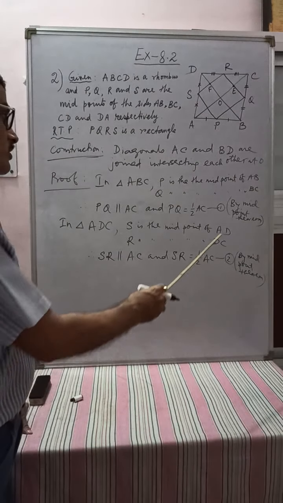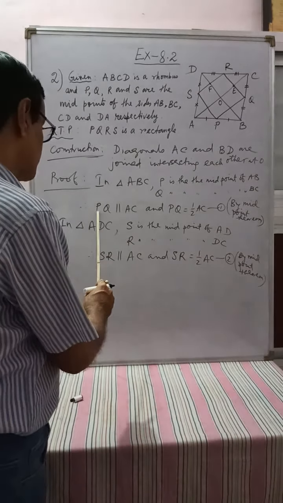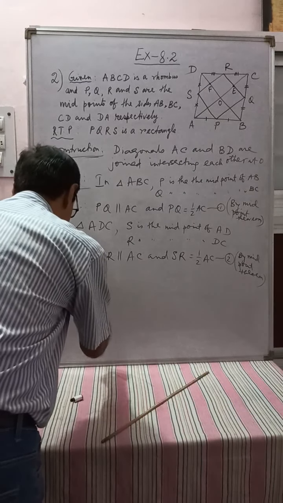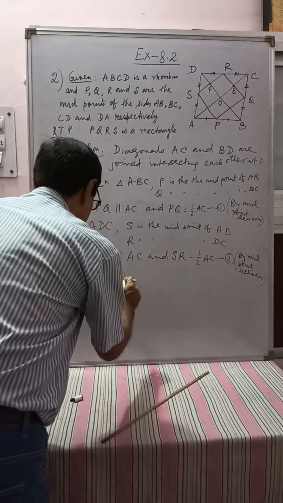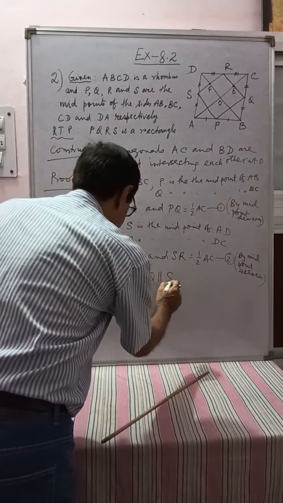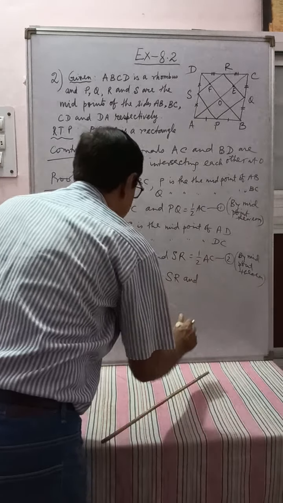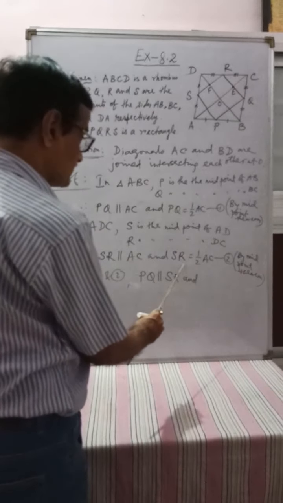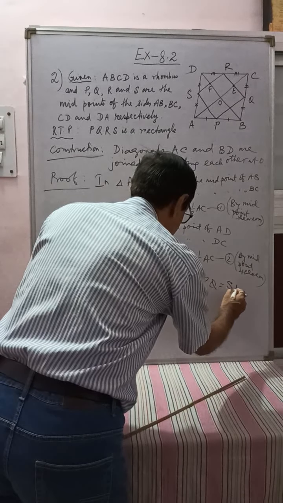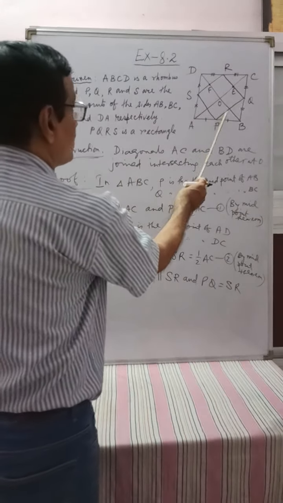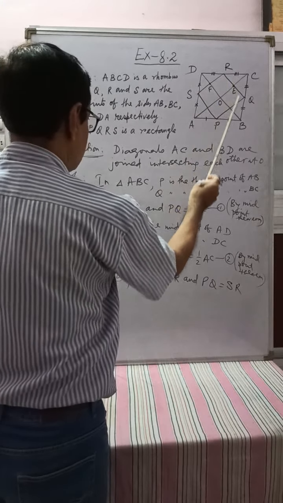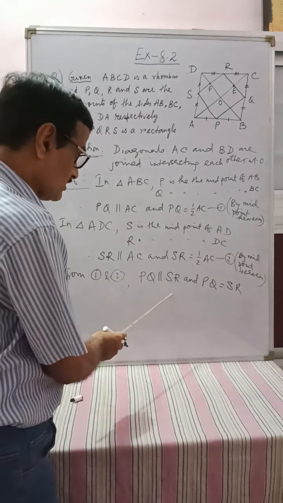Now from results 1 and 2 we can say PQ is parallel to AC, SR is parallel to AC, so PQ is parallel to SR. And not only that, PQ is half of AC and SR is also half of AC, so PQ is equal to SR also. So in quadrilateral PQRS, these two opposite sides PQ and SR are equal and parallel.